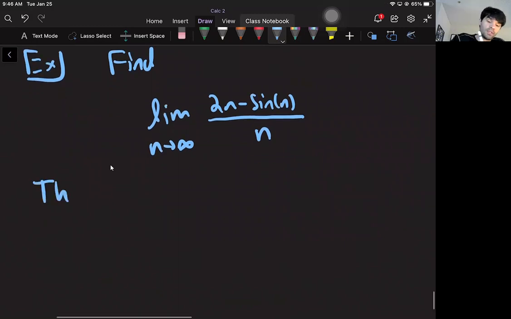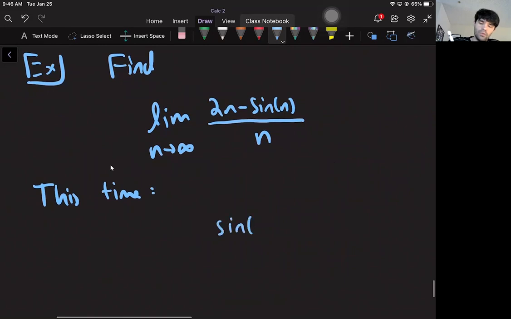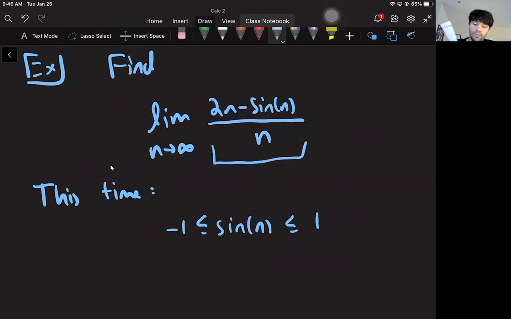So this time we have a sine. It gives us the clue that we could use the squeeze theorem successfully. So sine is stuck between 1 and -1, so that gives us a starting point. And then we just want to build this in the middle using algebra.